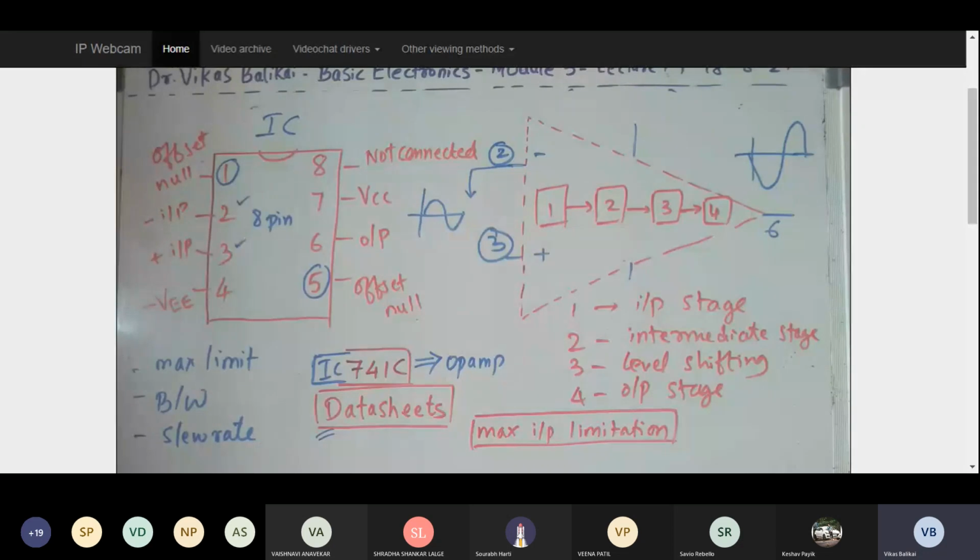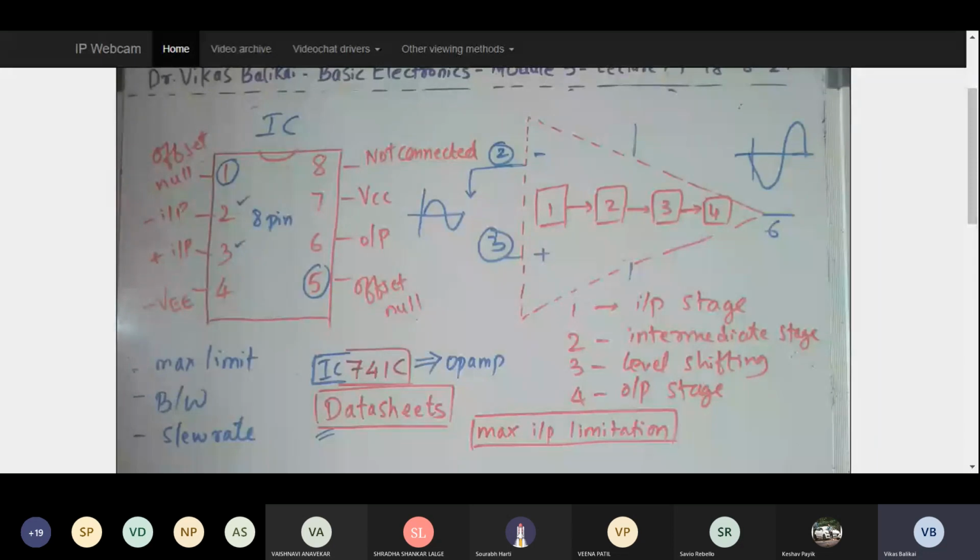So what exactly is stage number 1? Stage number 1 is known as our input stage, and in that input stage everything that has to be present with respect to the input operations will be present. What exactly will be there we will only come to know once we try to understand the internal structure.